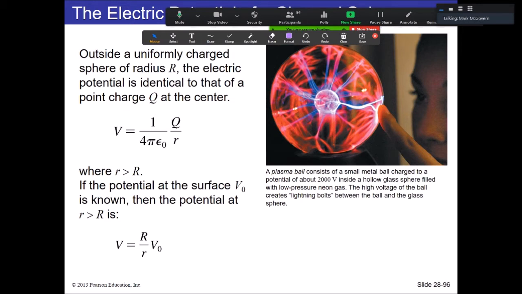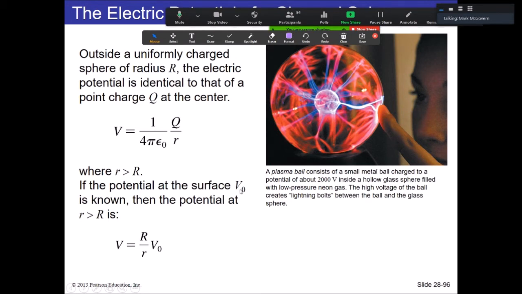We can derive that, but I'm going to wait till the next lecture because we're going to learn a neat mathematical trick that allows you to figure out your electric potential if you know what your electric field is, and vice versa, by the way. The potential will be the highest at the surface, which we call V naught.